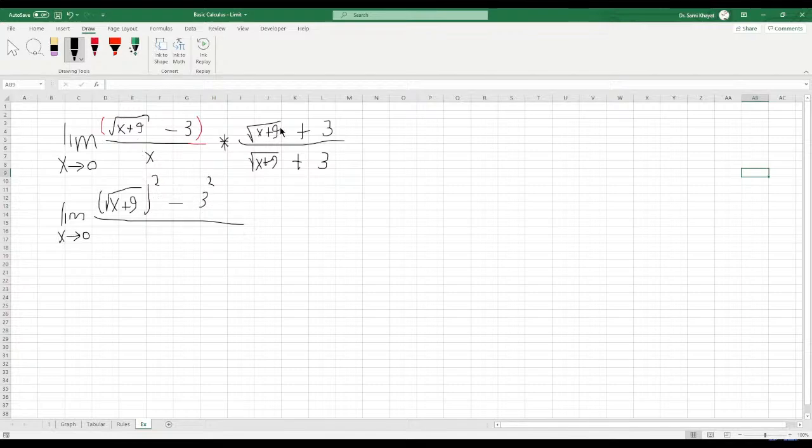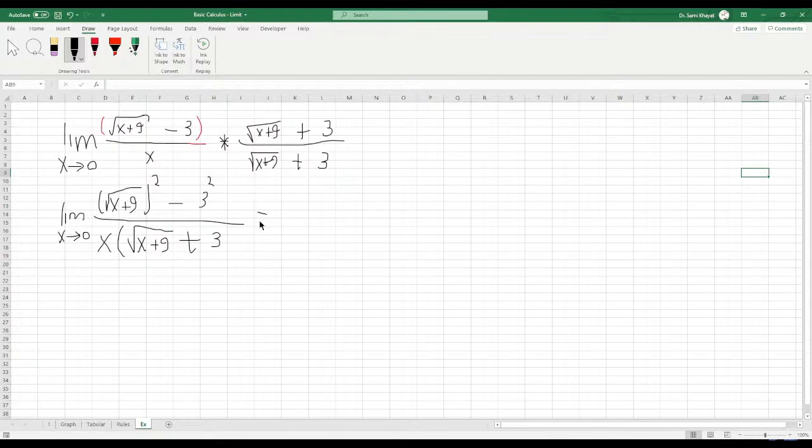If you open this one, it will give you this one. Then on the bottom, you have x times the square root of x plus 9 plus 3.